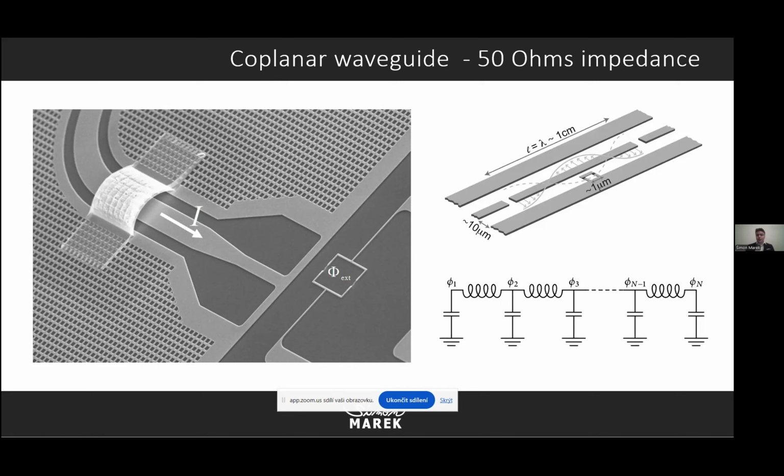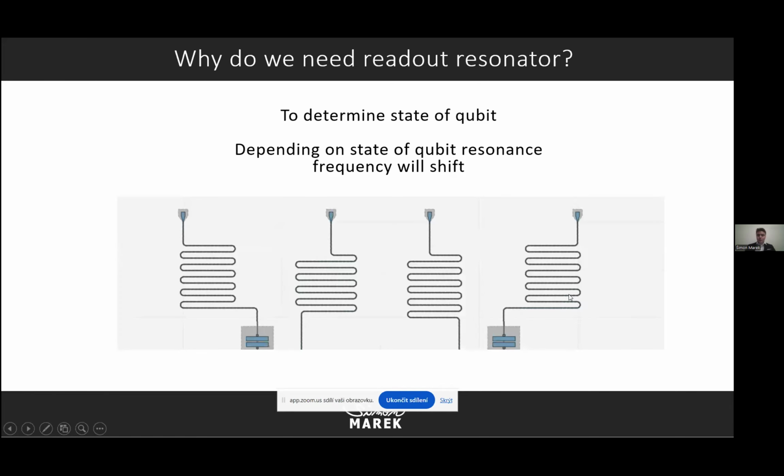Here is a representation of coplanar waveguide using inductor and capacitor here. So we have coplanar waveguide here and qubit here. So this is our transmission line.